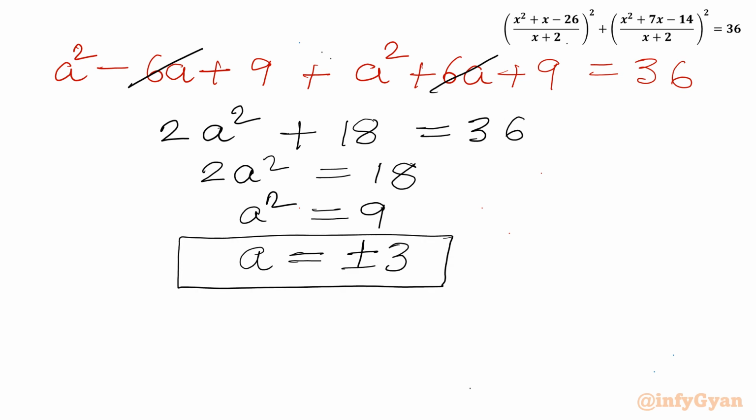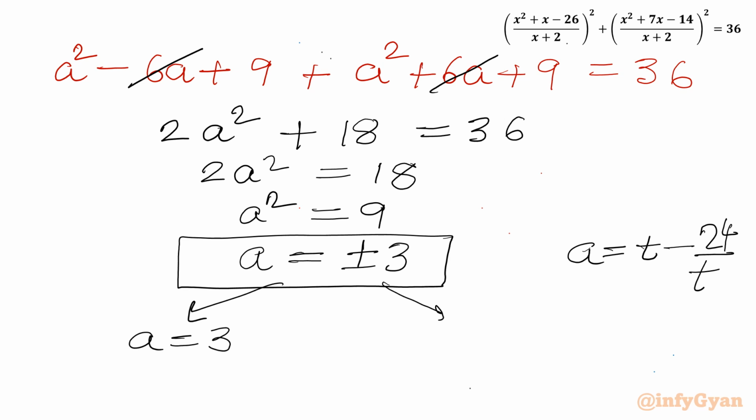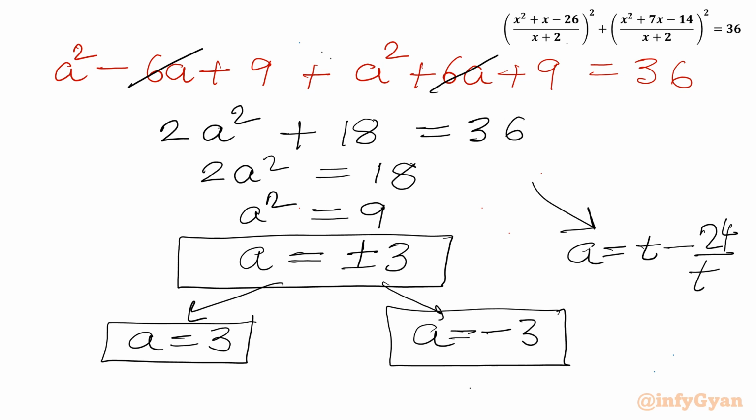Now a was our substitution. a was t − 24/t. So I can write two equations from here: a = +3, where a is t − 24/t, and a = −3. Let us solve both one by one.